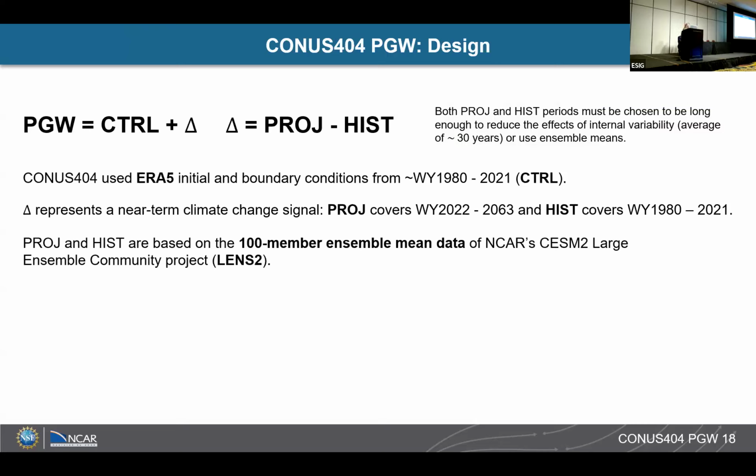To get those, we use NCAR's Large Ensemble Community Project, so the LENS 2 data set. And what that is, it's a 100-member ensemble of NCAR's Community Earth System Model 2, one of the climate models used for the CMIP projections.